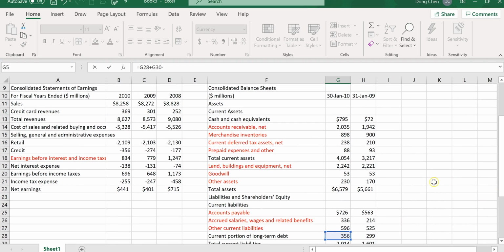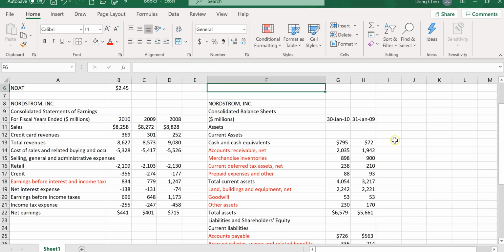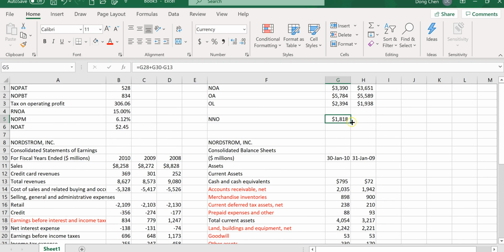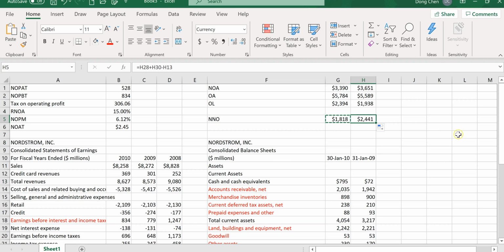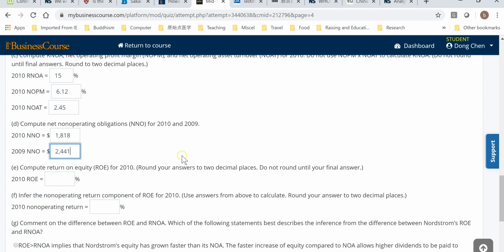And then for the non-operating asset, that's basically the cash. And then pull the same for the other year, and this is the number we need: net non-operating obligations for 2010 and net non-operating obligations for 2009.